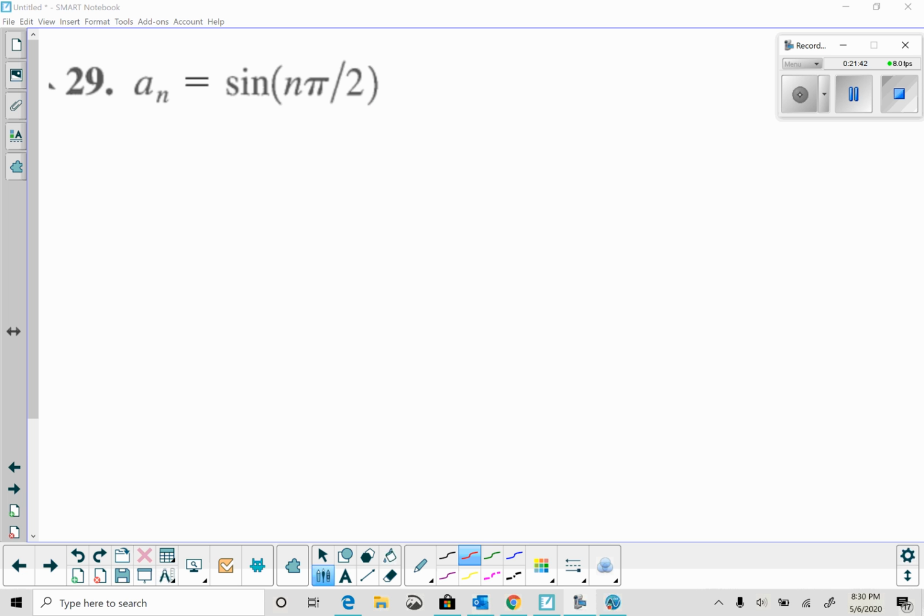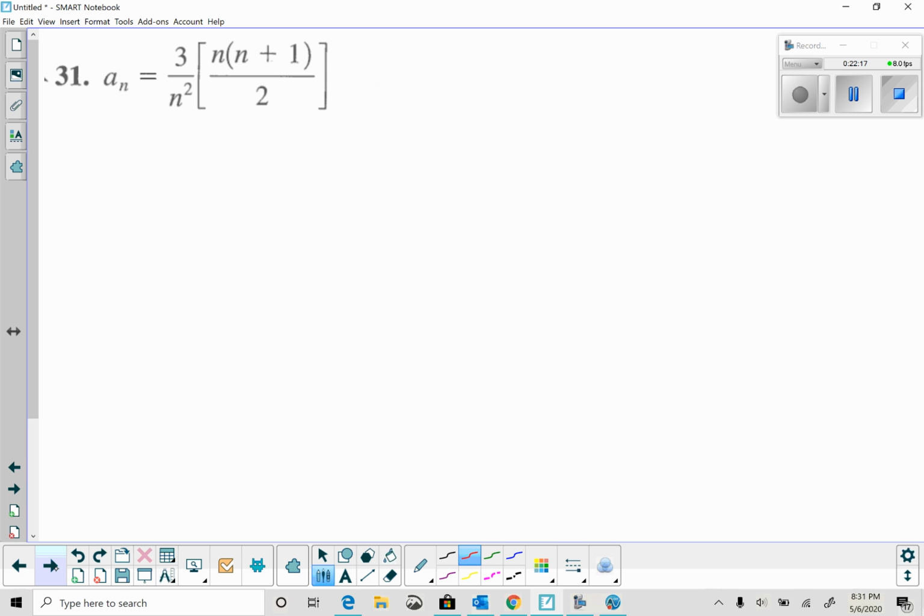It does not converge to any one particular number here. Although it oscillates back and forth between a predictable set of values, we're looking for one particular value where the graph reduces down and there's a nice horizontal asymptote, and that does not exist with either the sine or the cosine function. This is divergent.